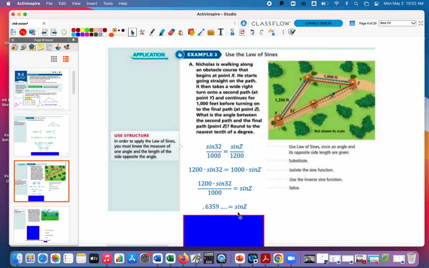And the last thing you're actually going to do is the inverse. So sine with a little -1 here denotes the inverse. We need to use an inverse sine function when we're finding the angle. So if you do the inverse sine of this answer, and if you're good, just type this last answer in, you should get your angle Z, which in this case is roughly 39.5 degrees. You could possibly even round it up to 40 degrees if they're asking for the nearest whole degree.